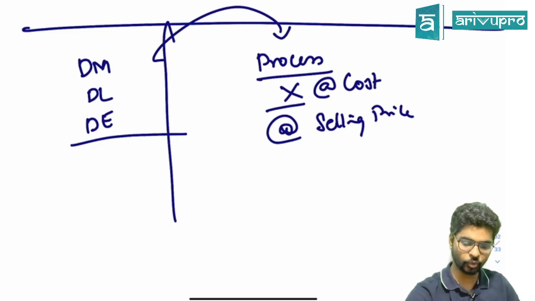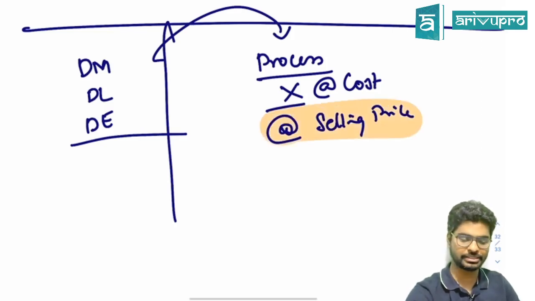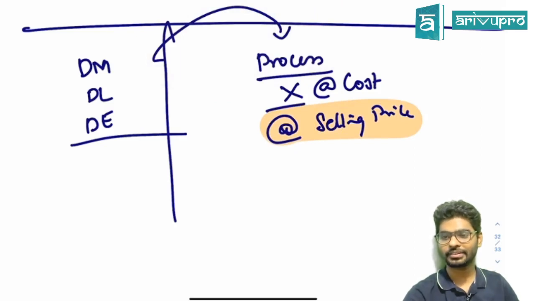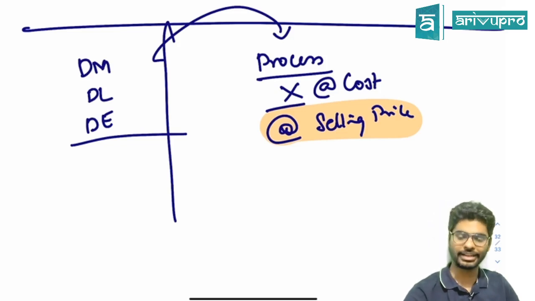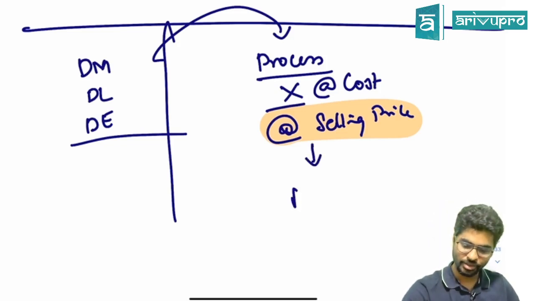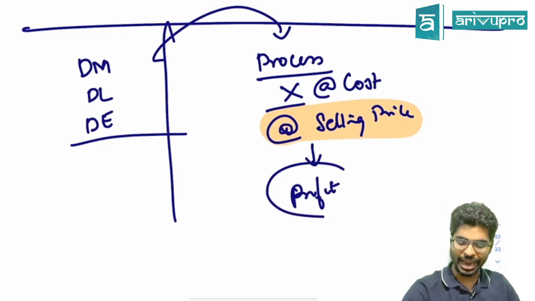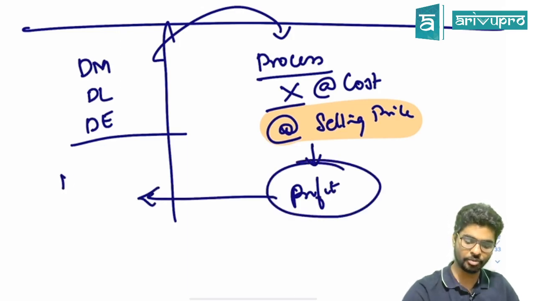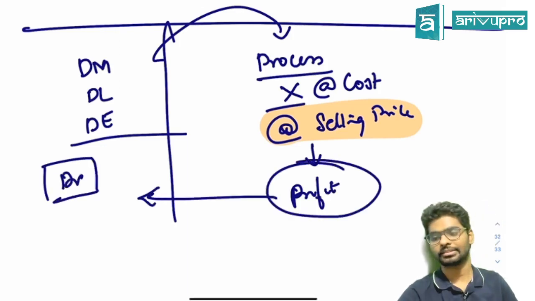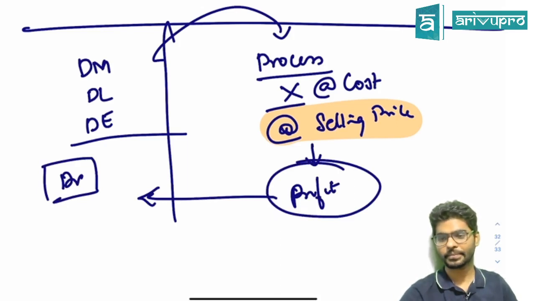The moment you are doing it at selling price, there will be a new addition. What is the addition? The moment you are doing at selling price, correct Suresh, there is going to be a profit element, and profits are going to be recognized on my debit side. This is the new concept. Understood everyone?